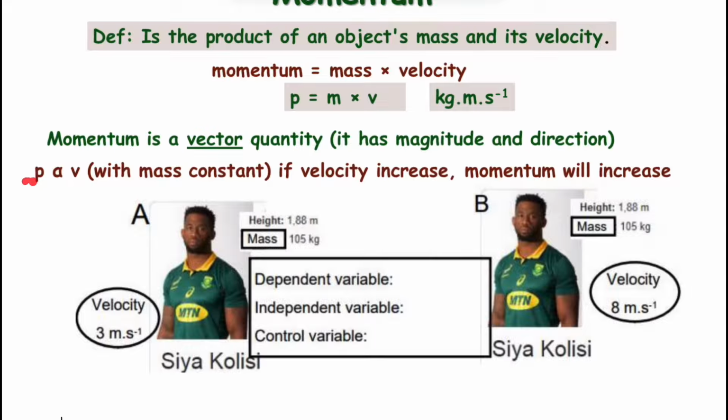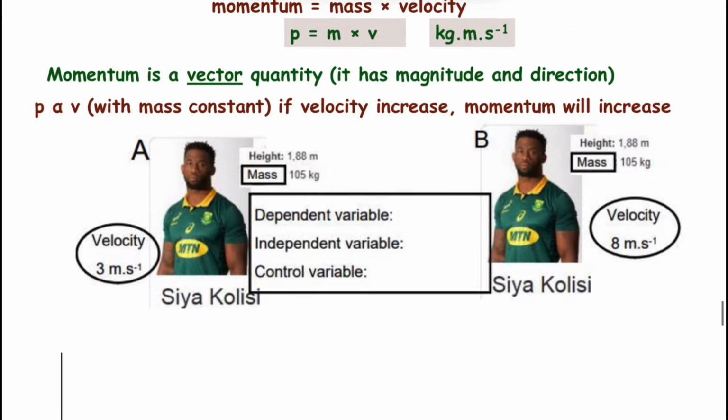Momentum and velocity are directly proportional. If we increase the velocity, the momentum will increase. If we double the velocity, the momentum will double. If we halve the velocity, the momentum will be halved. That's a direct proportionality while the mass is constant.